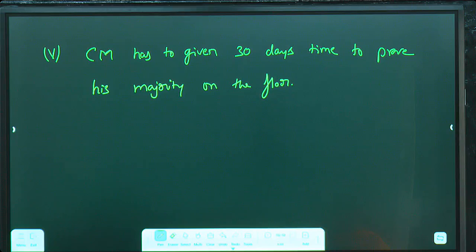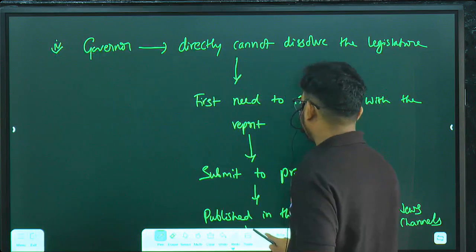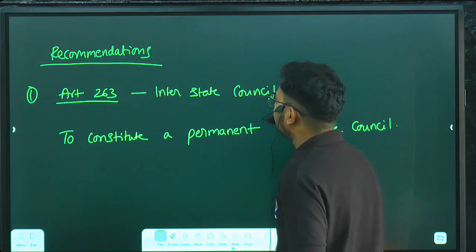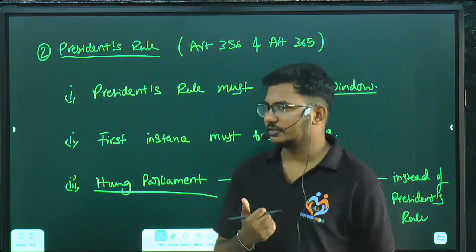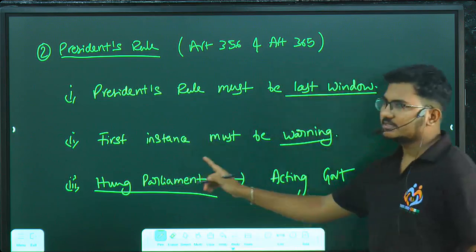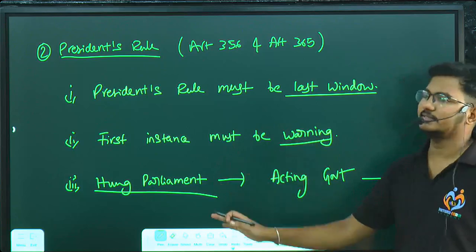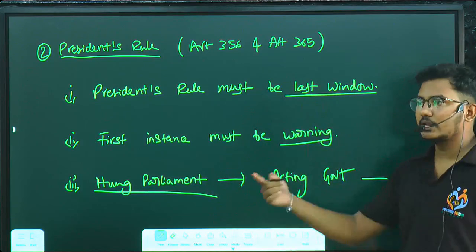Done? So these are the recommendations given for the president's rule. What all recommendations has he given? See. First one, president's rule must be the last window. First, they have to give a warning. If the party or the government is not listening, then only they have to go for president's rule as a last window.